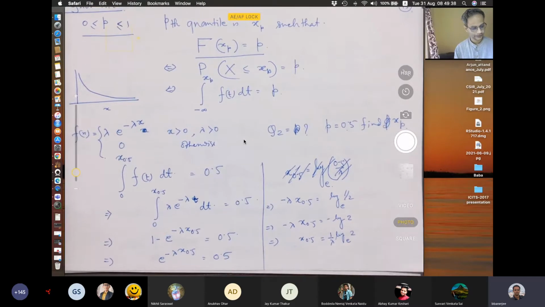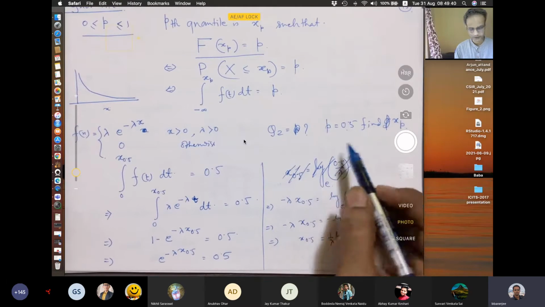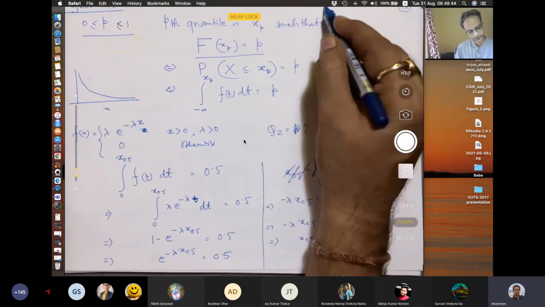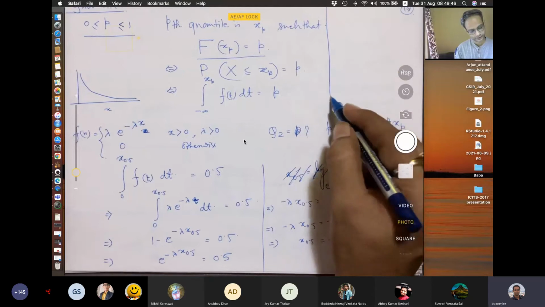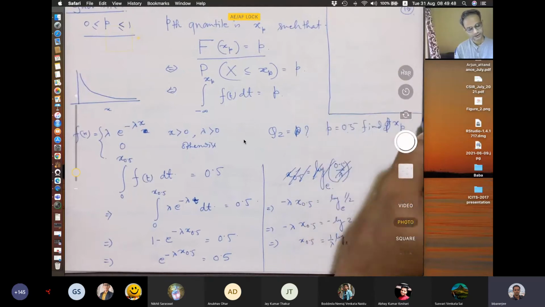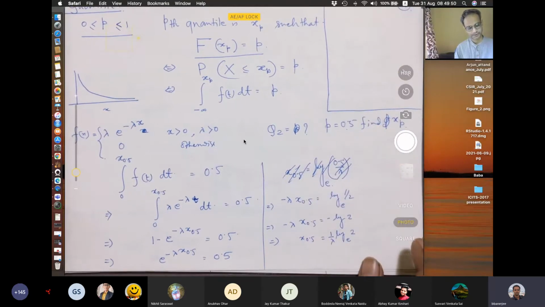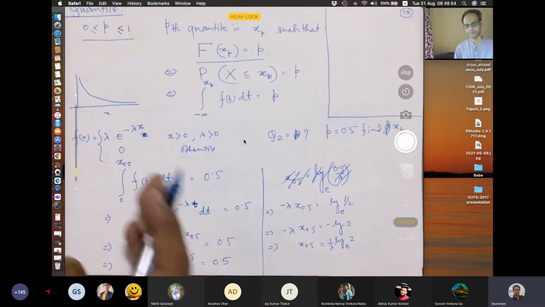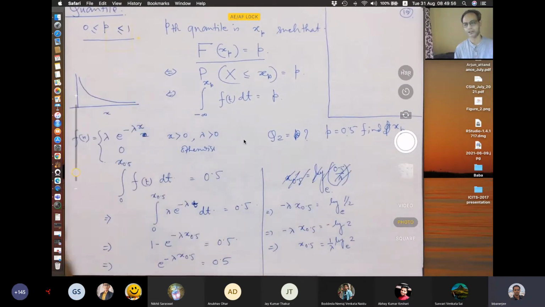Another thing, before we go for the other measurement: percentile. There is another terminology you might often have heard about, percentile. Percentile is nothing but an extended version of quantile.